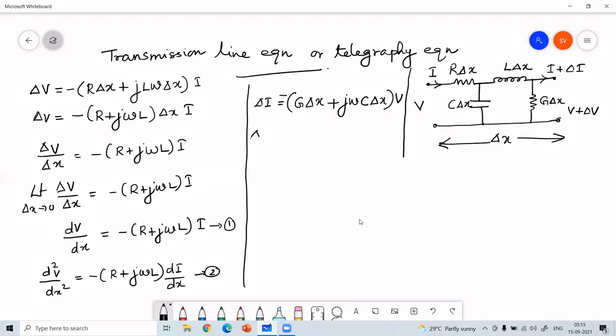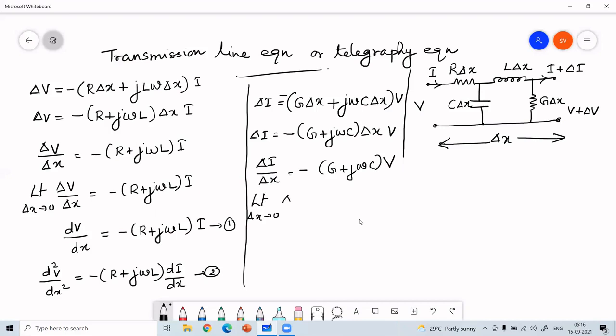So delta I is equal to minus (G plus j omega C) into delta X into V. So delta I by delta X is equal to minus (G plus j omega C) into V. Here also imagine that delta X is infinitesimally small, so that in the limit delta X tends to 0, delta I by delta X is equal to minus (G plus j omega C) into V. That is, dI by dx is equal to minus (G plus j omega C) into V. This is equation number 3.